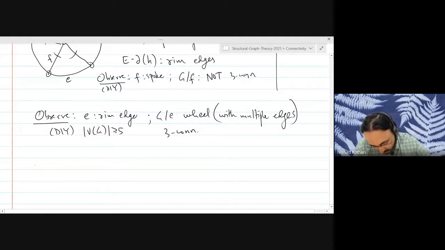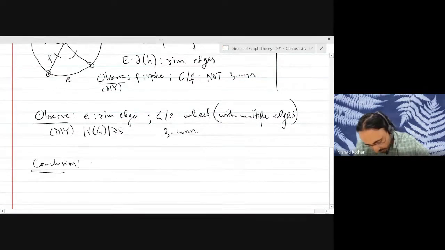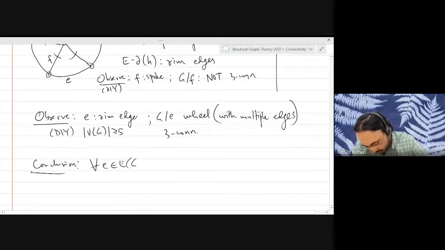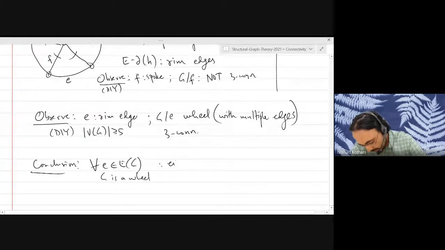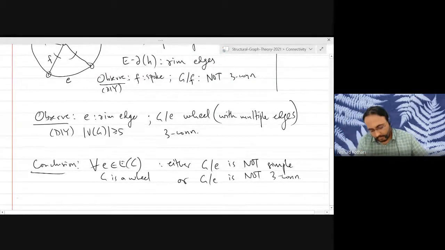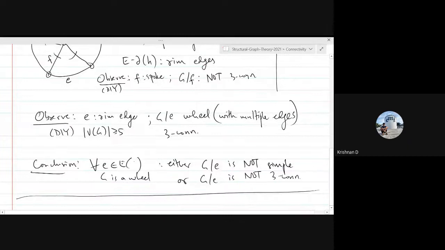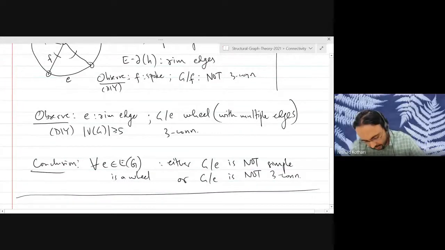So the conclusion is that for every edge of a wheel, either G contract E is not simple or G contract E is not 3 connected. Okay? So here every edge belongs to a triangle, right?